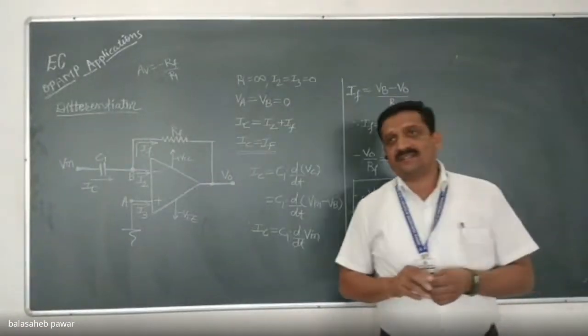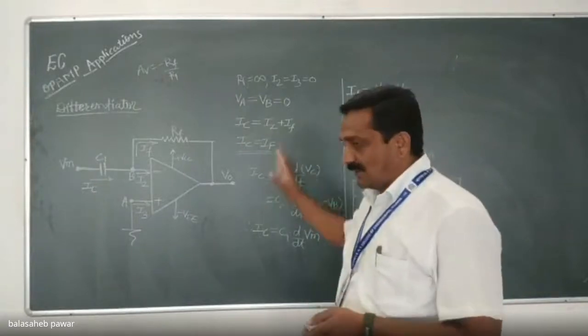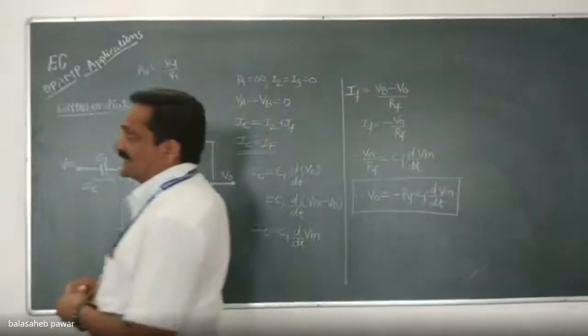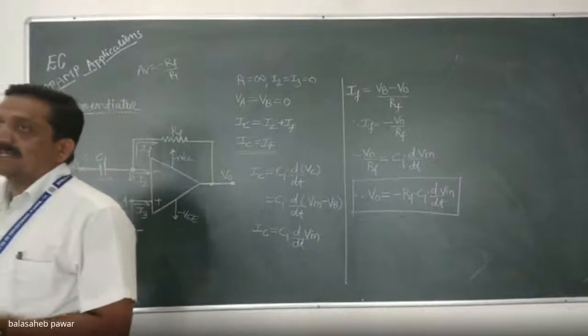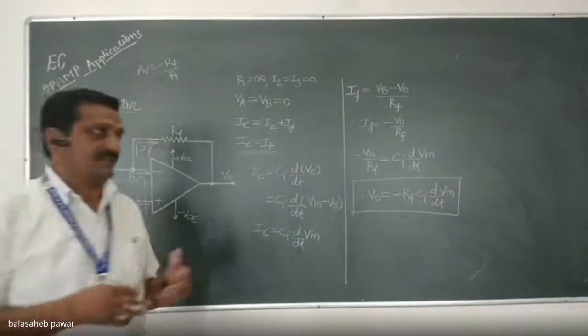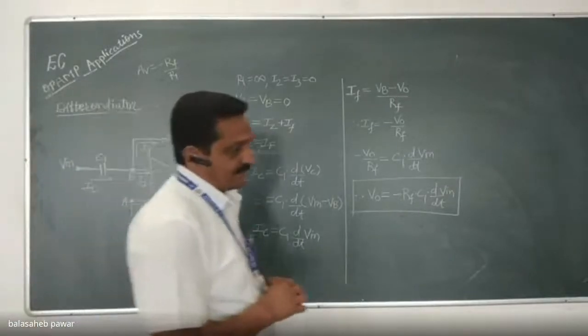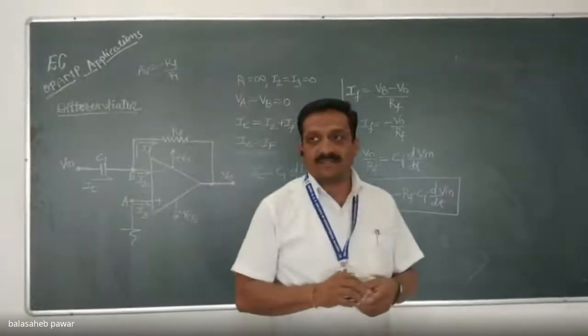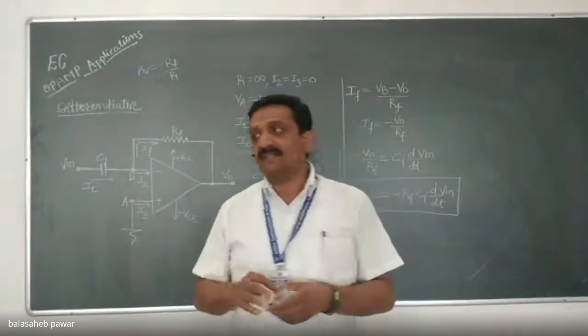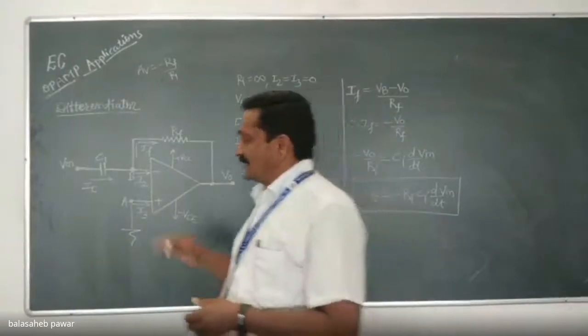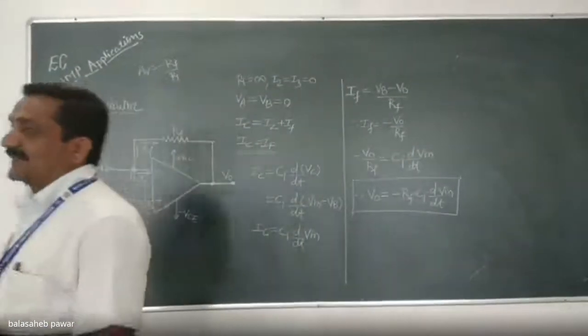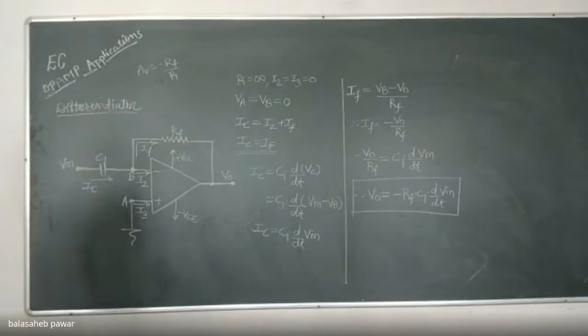That means we can say that the ideal differentiator has some drawbacks. At low frequency or at 0 hertz, or at very high frequency, it becomes unstable. So to provide frequency stability to the shown circuit, a few modifications are made to the ideal differentiator.